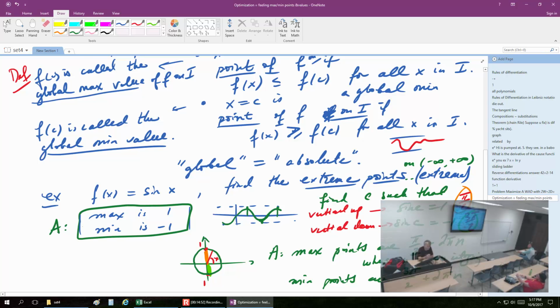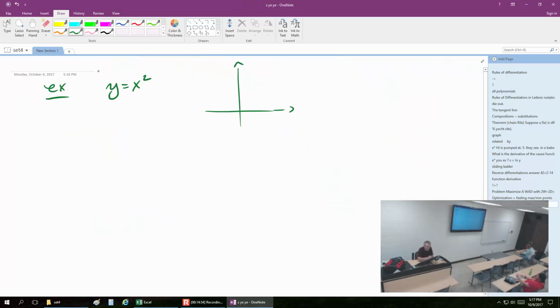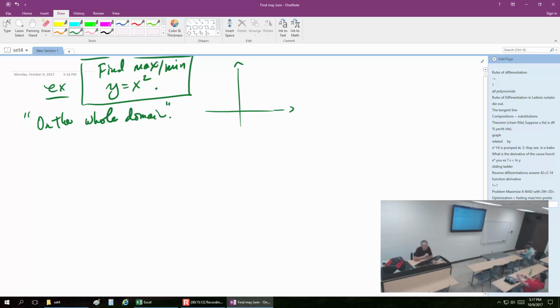If I say find maximum, minimum, and don't say anything else, it means on the whole domain. The interval I that is in the definition is the domain.